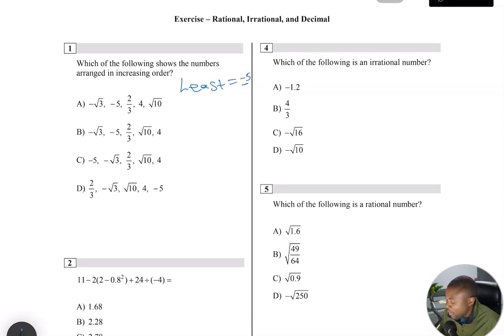If the least is -5, that means -5 should be the first number in any listed option, right? So look at this. This guy is out. This guy is out. This guy is out. So this is your correct option. Easy, right? That's fine.